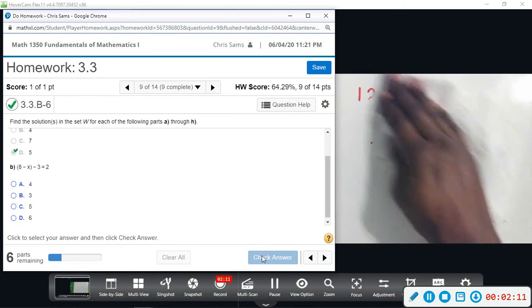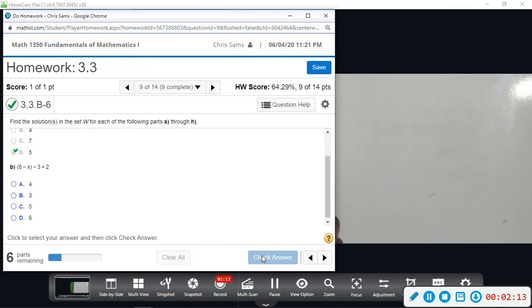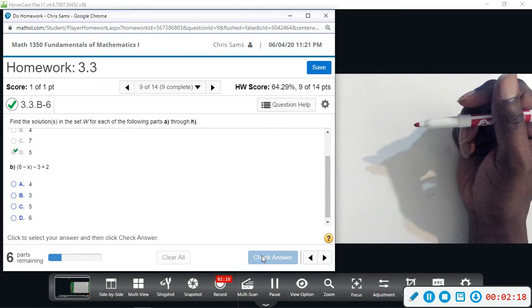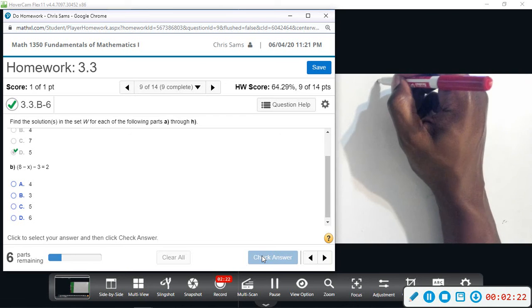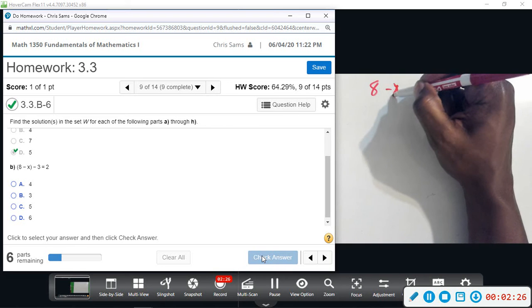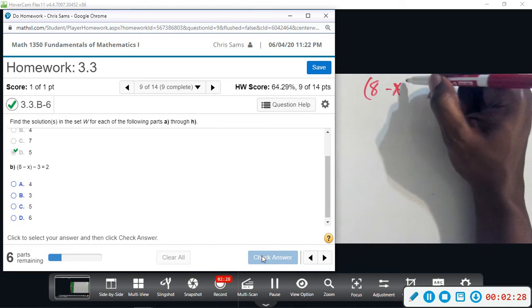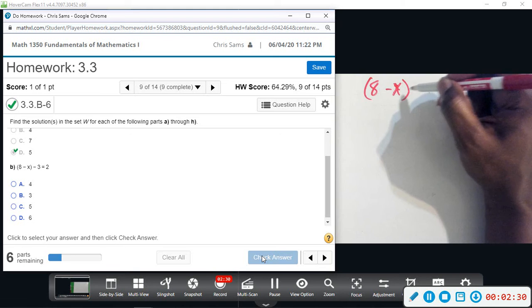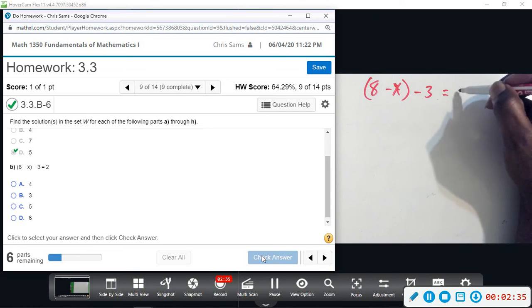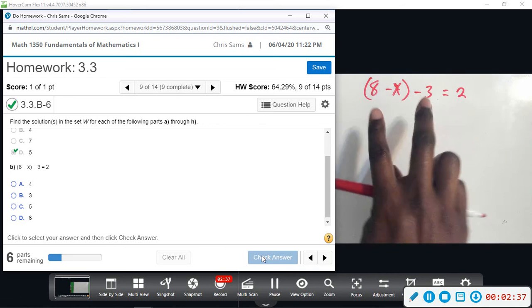Okay, now part B, I'm going to be using some different methods. They want us to use the properties of associative property with the grouping. Okay, so we have 8 minus x. Now we know we have the associative property for addition. It can be somewhat translated to subtraction if you think about adding a negative. So we're going to regroup these.